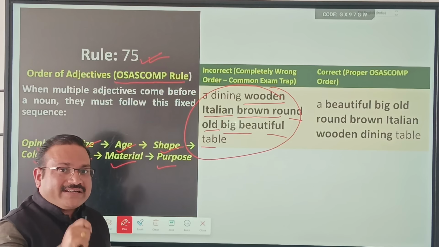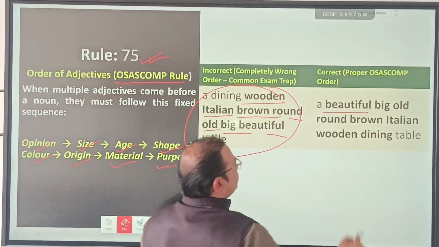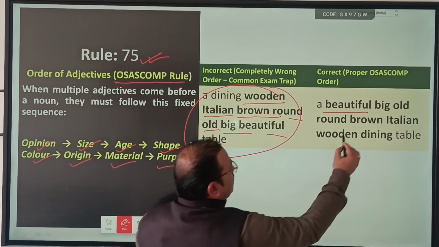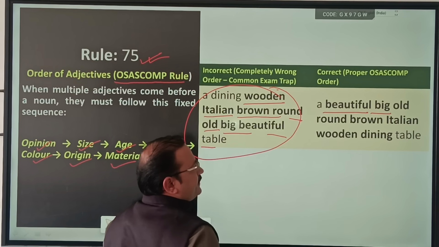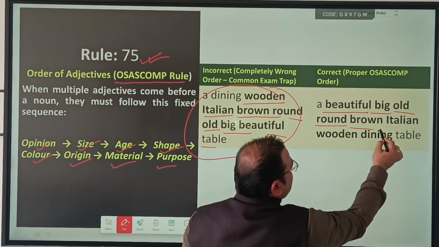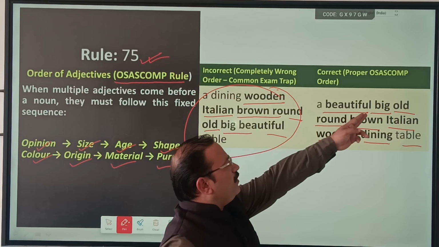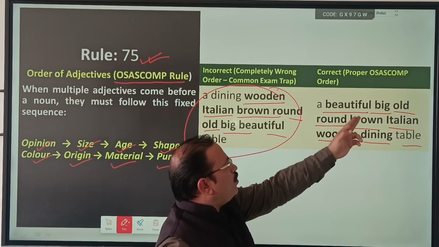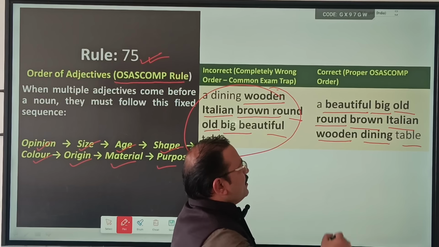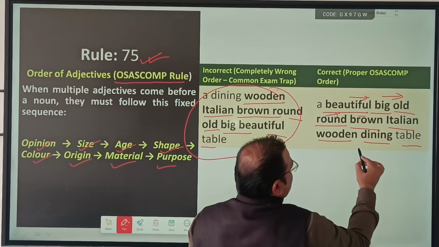So what should be the correct order of the adjectives? Beautiful, then size, big, then old, round, brown, Italian, wooden, dining table. A beautiful, big, old, round, brown, Italian, wooden dining table. So this is the correct order of the adjectives.